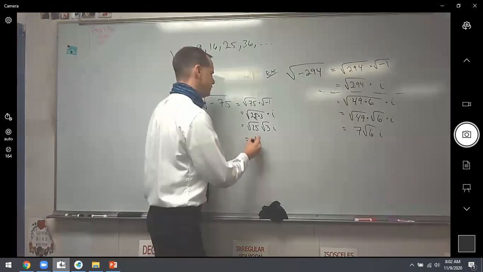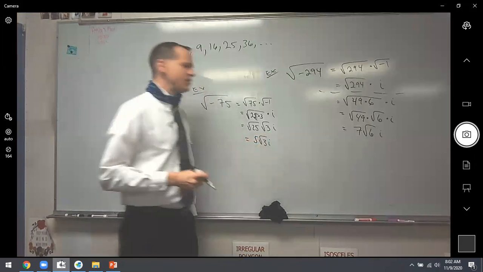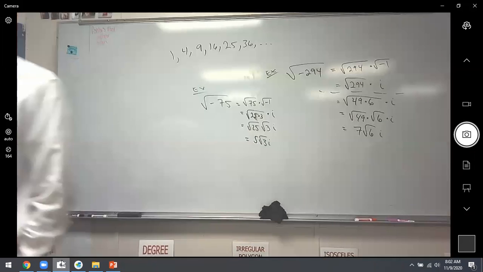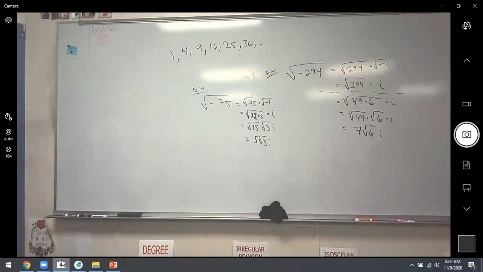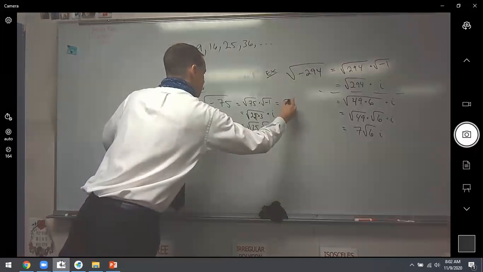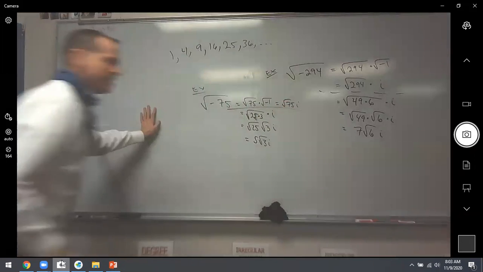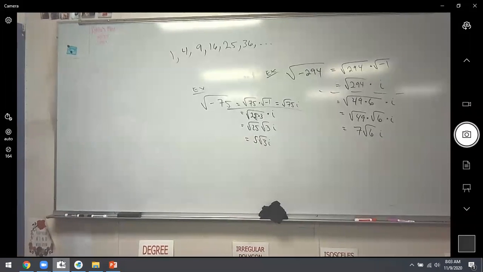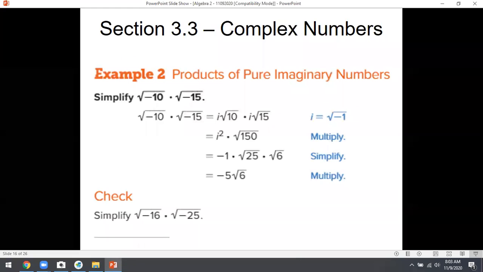It is 5. So the final answer to this particular problem would be 5 times the square root of 3 times I. Again, if we just called this square root of 75 I at this point today, I'd be happy that we know that the negative under the square root means I. But simplifying roots is an extra good challenge for us right there.